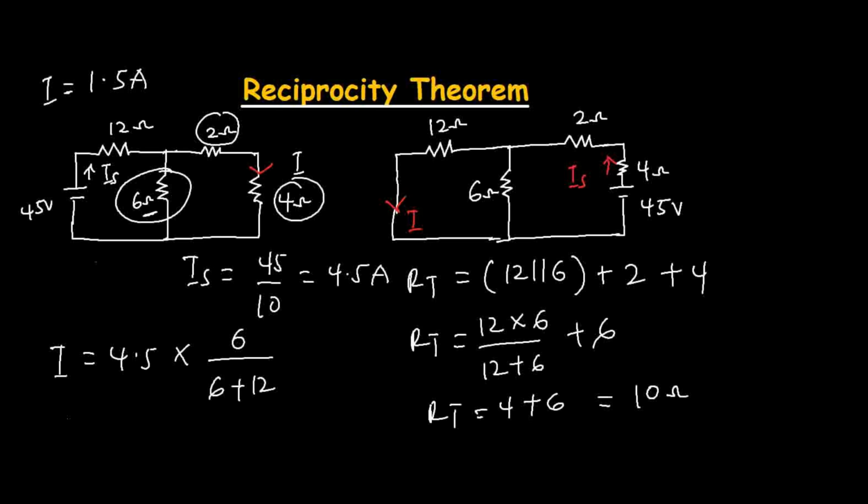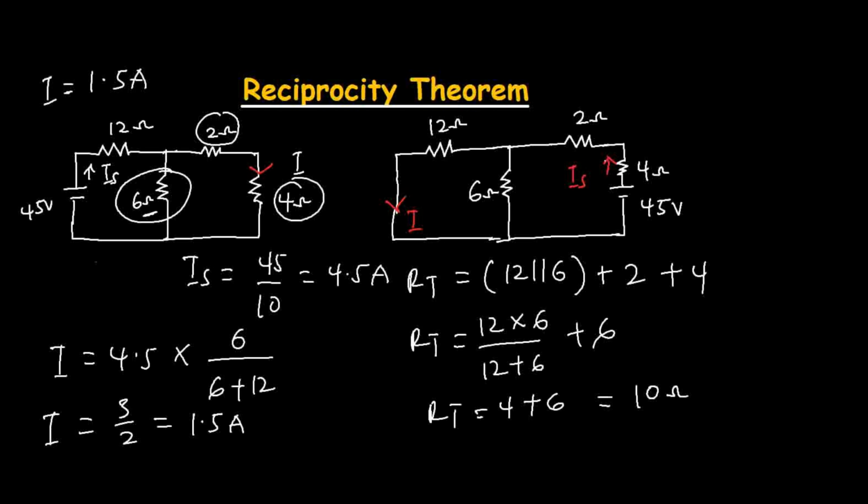So let's see the value of I. That will be 4.5 times 6, divided by 18. So that gives me I to be equal to 3 over 2, which is 1.5 amperes.